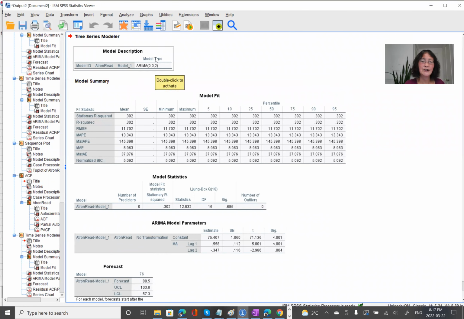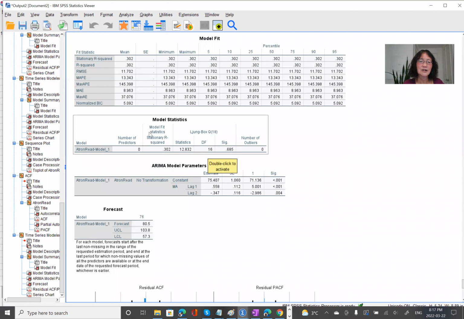Okay, so this is my ARIMA 002. It is the same as MA2. ARIMA 002 is the same as MA2. And this is the model fit telling you the mean value for different measurements. The general model statistics is here. Looks like a good model because if the Ljung-Box Q is not significant, that is a good model. Okay.